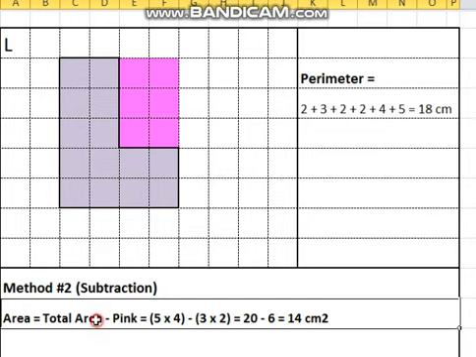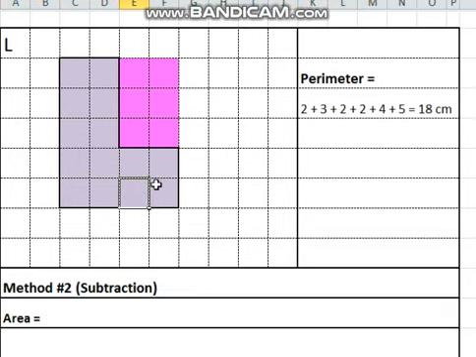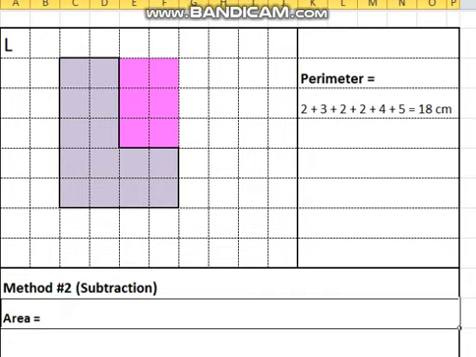So the area of the L shape can be found by this calculation: the total area minus the pink area.